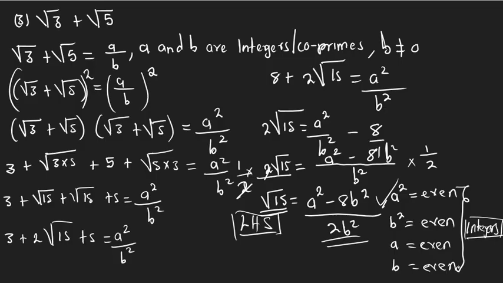Henceforth, what is on the right hand side and what is on the left hand side are not the same. This shows you that root of 3 plus root of 5 cannot equal a over b. That is very simple to solve, okay?